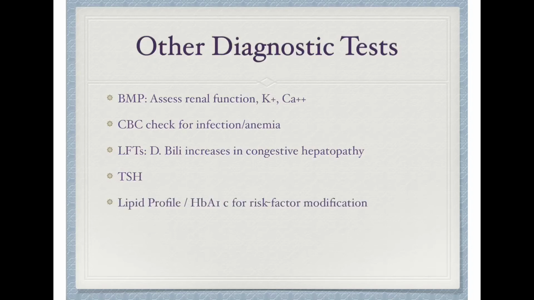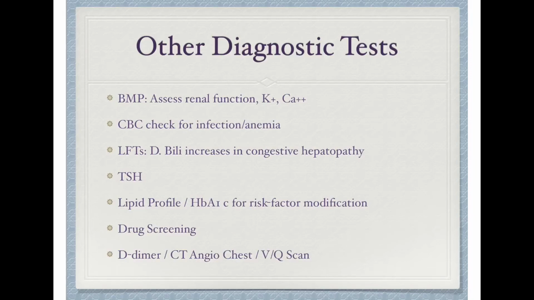TSH, a lipid profile, and A1C to look for some of the most common risk factors contributing to heart failure, which can be treated. A urine drug screen and an alcohol level to look for causes of cardiomyopathy that might be drug-related.